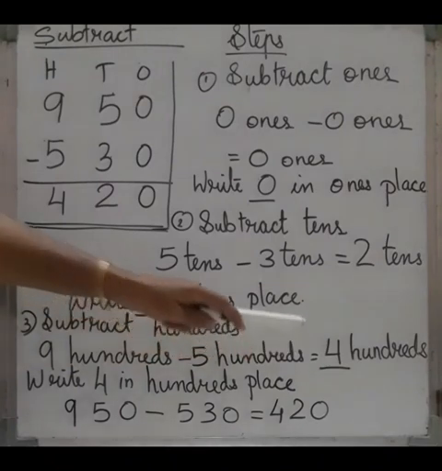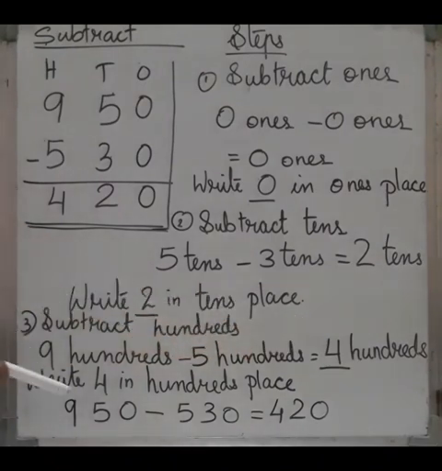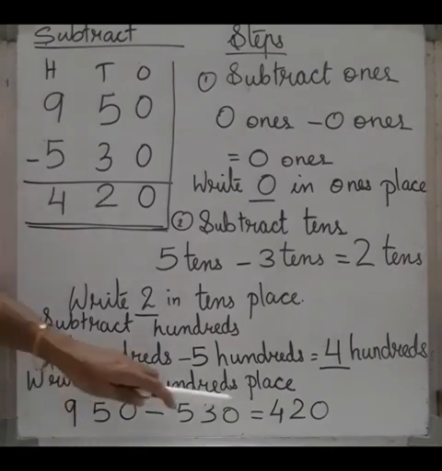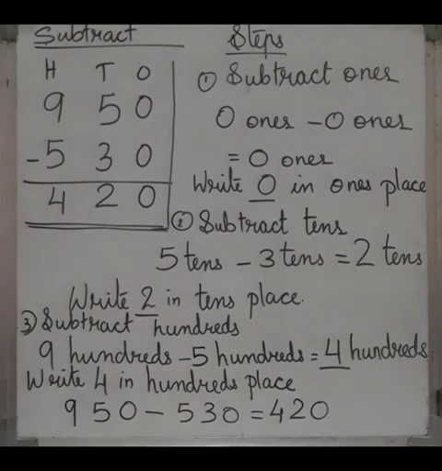The answer is 400s. 4 write in hundreds place. 900s minus 500 is equal to 400s. Thus the answer we are getting is 420. When we subtract 530 from 950, the answer is 420. Okay.